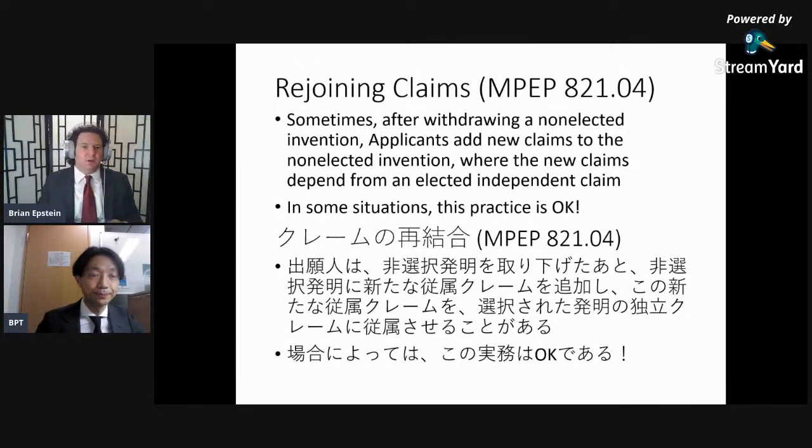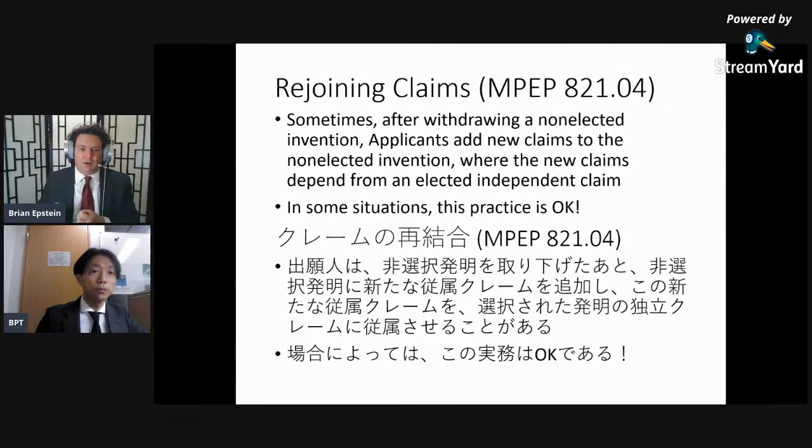They will be withdrawn. Maybe they're already in the chain of claims, and that is the point of the election, is to just withdraw some of these claims. And basically what happens is that the examiner will not consider the subject matter of those claims.